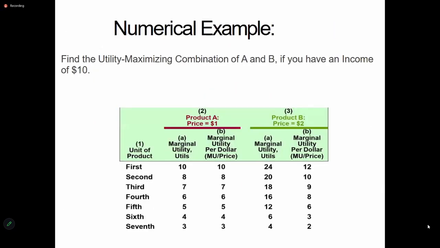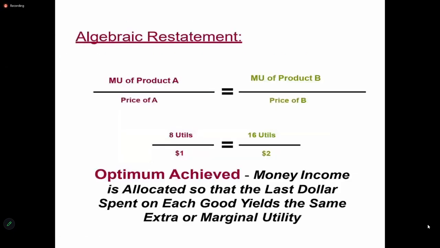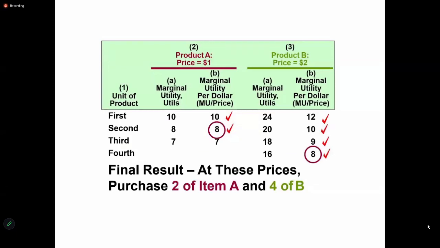So that's why you see many similar points here: 10, 10, 8, 8, 7, 7, 6, 6, 3, 3. But you need to decide with the income you have. Luckily, many of you have understood clearly.